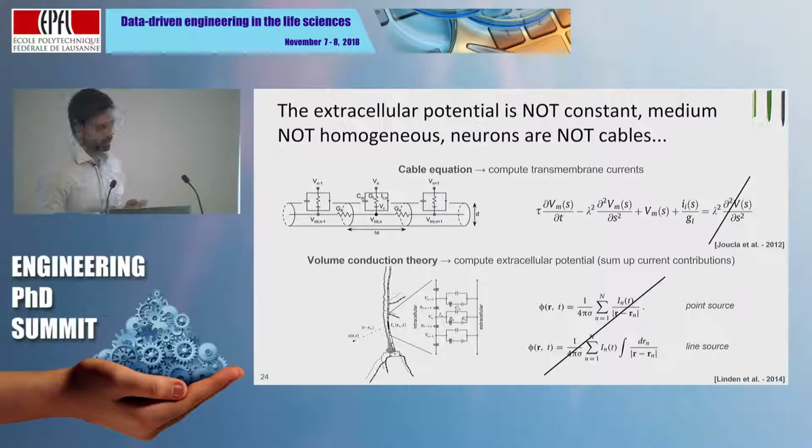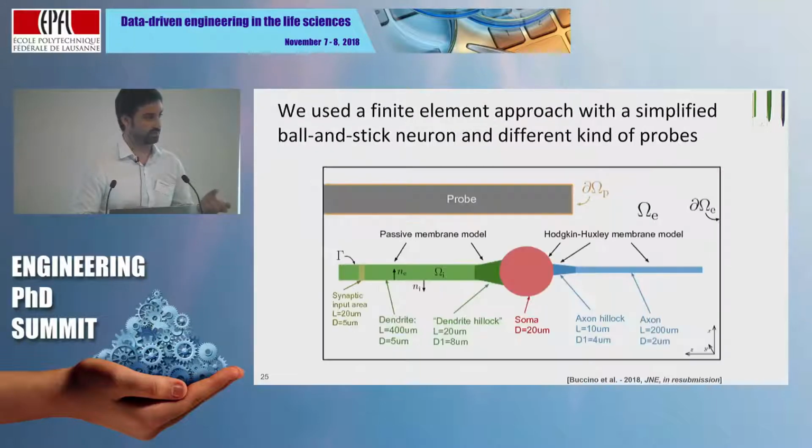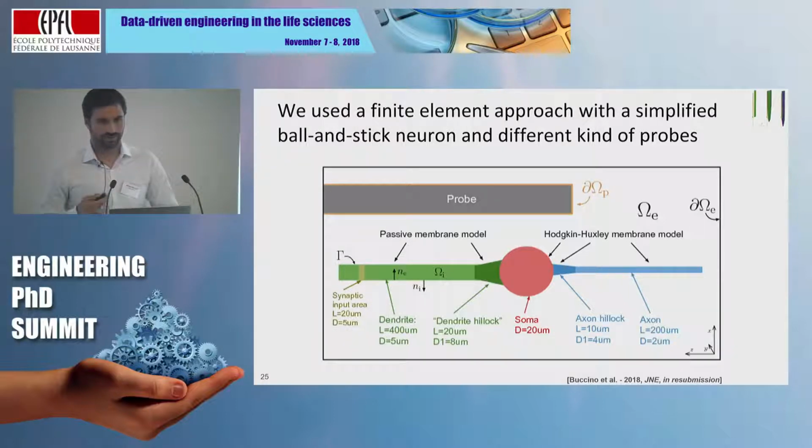So in volume conduction theory, you assume that the extracellular space is infinite and homogeneous, and this is clearly not the case because we are using a neural probe to pick up the signal. So we used a finite element approach in order to explicitly model the presence of the probe in the extracellular space. And we basically modeled the dynamics of the neuron, the intracellular and extracellular space separately.